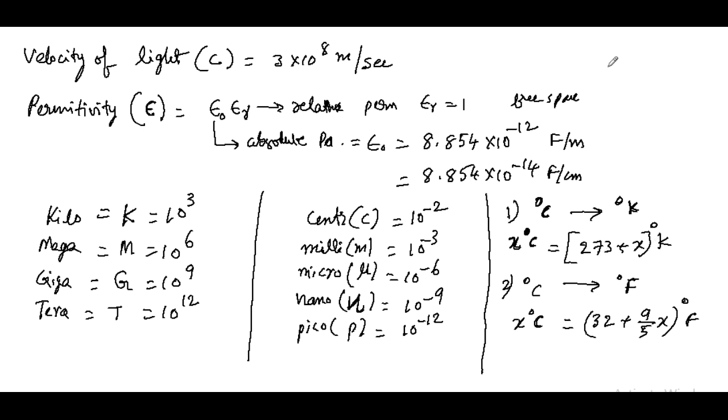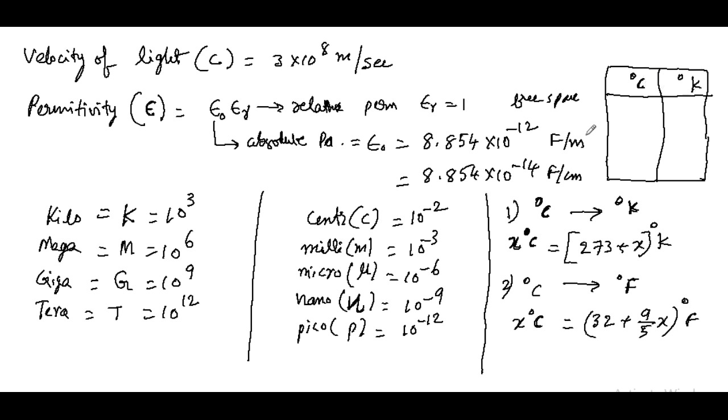Now I want to write a simple table, because the standard values we use are at 0 degrees and at room temperature. We should know those values. So here I am writing a few values in terms of centigrades and equivalent kelvins.